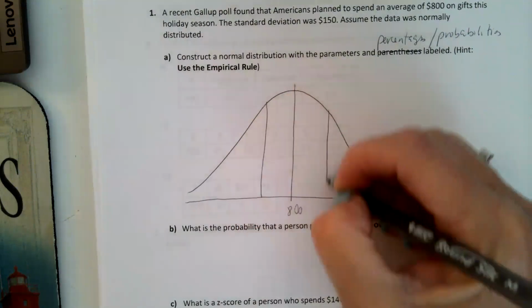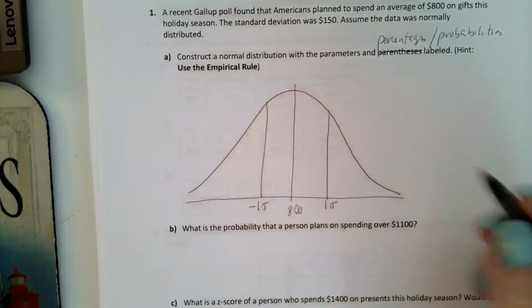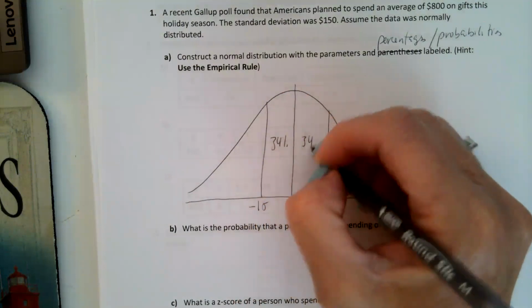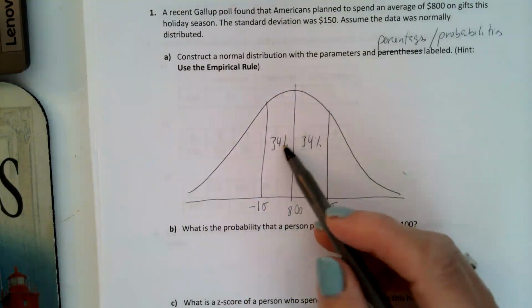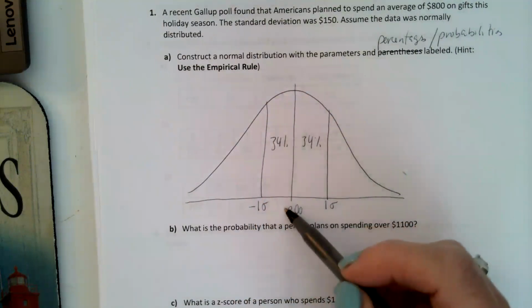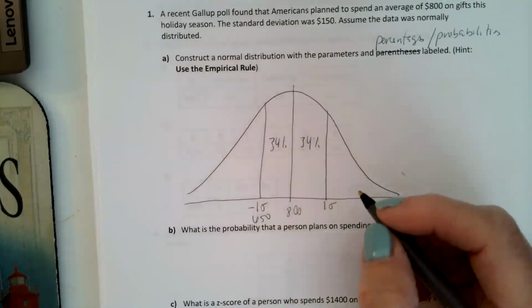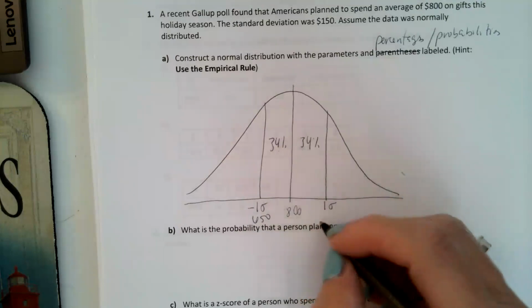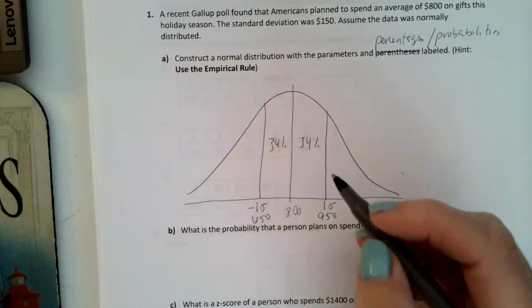Then within one standard deviation to the left and one standard deviation to the right will be 34% on either side. So it's 34% likely, the probability of being one standard deviation below 800, which would be $650 spent on holiday season, would be about 34%. And the likelihood of spending $950 is about 34%.